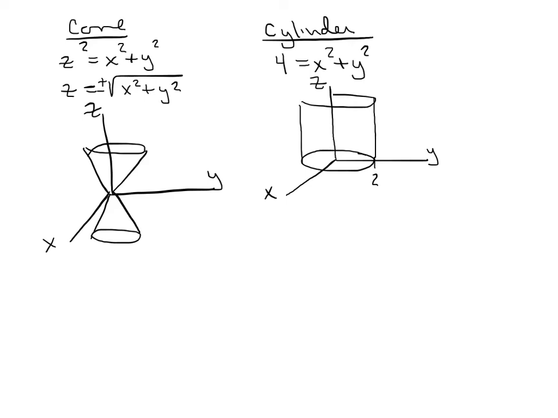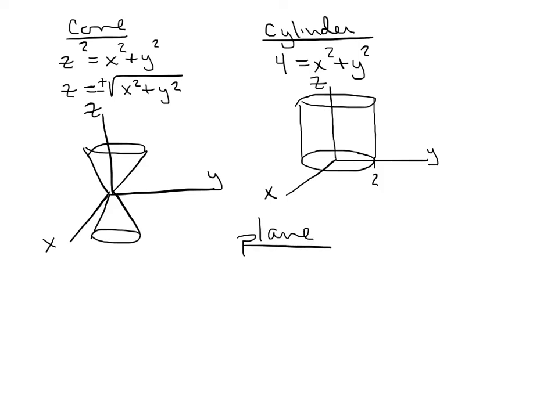And I'm going to put another circle up here just to end that cylinder, make it actually look like a cylinder. So the moral of the story here is that even 2-dimensional graphs can be brought into a 3-dimensional space.